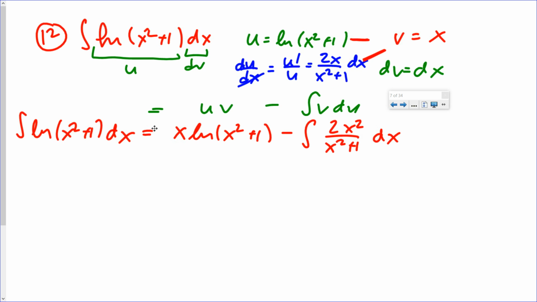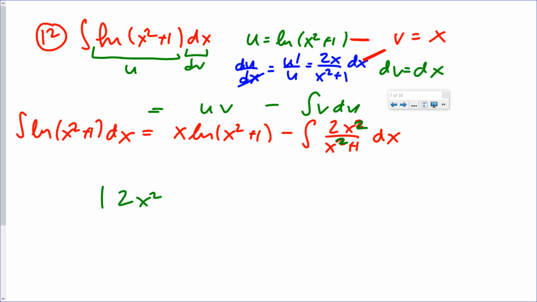And so this is the answer. The answer to this integral is this part right here, but what you have to do is get rid of all the integrals. So any ideas how to get rid of something with a 2 exponent on the top and a 2 exponent on the bottom? You're going to have to long divide. Okay, do you see that? If the powers are the same, or if the power on top is bigger, you have to long divide.